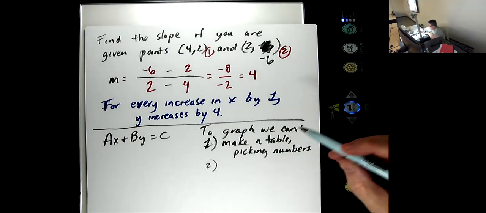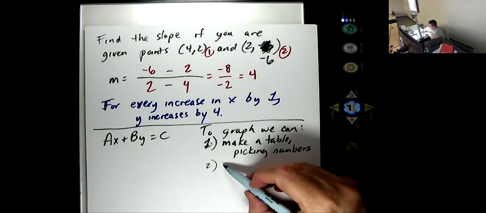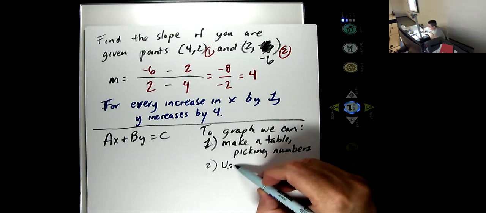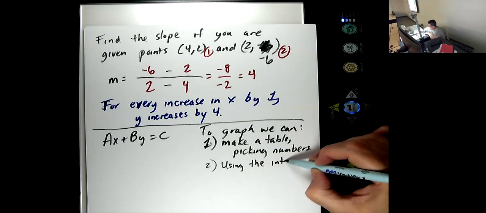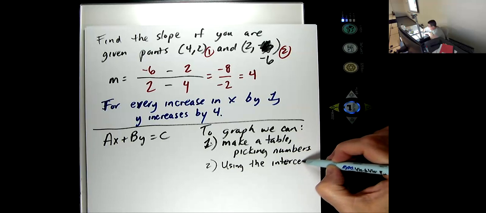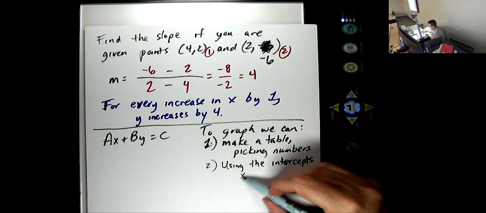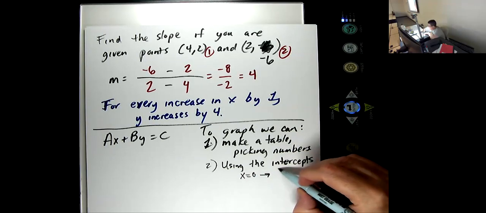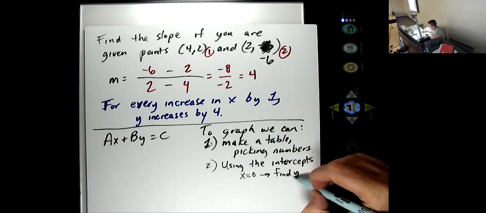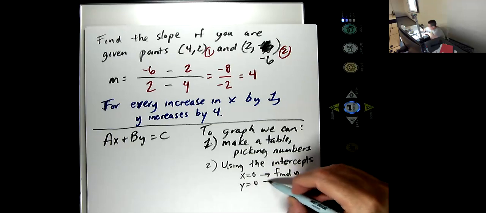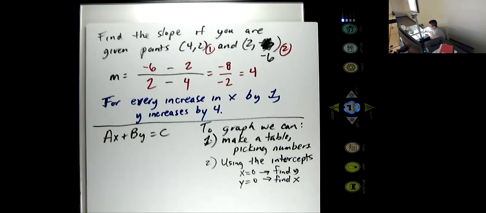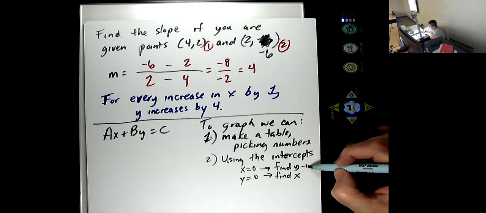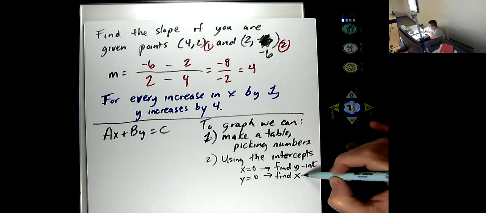Option 2, using the intercepts, which is similar to making a table. So you pick x equals 0 and find y, and then pick y equals 0 and find x. And when x equals 0, that's your y-intercept, and when y equals 0, that's your x-intercept.